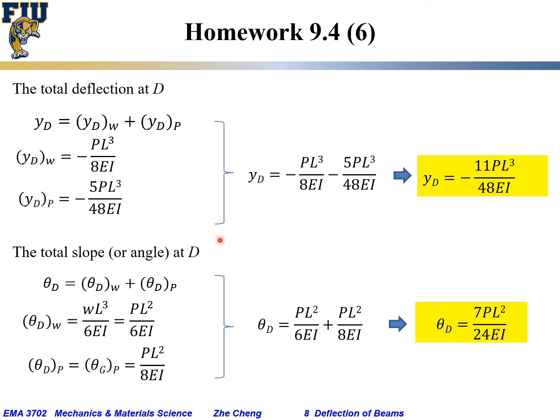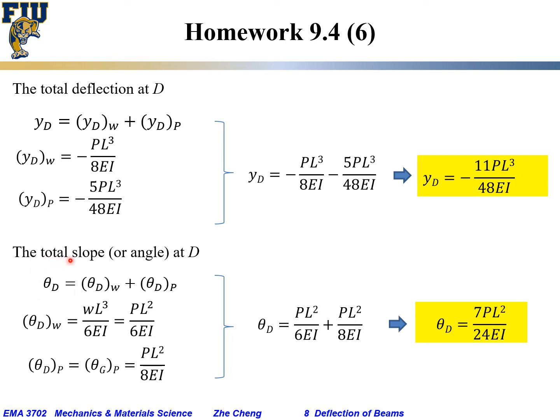When you add them together, 48 and 8 times 6, the total deflection would be minus 11 PL cubed over 48EI.